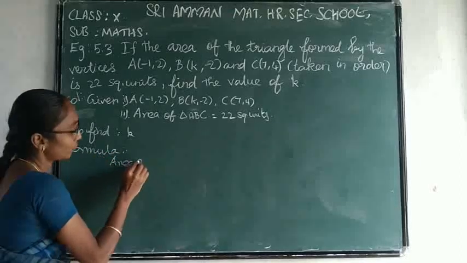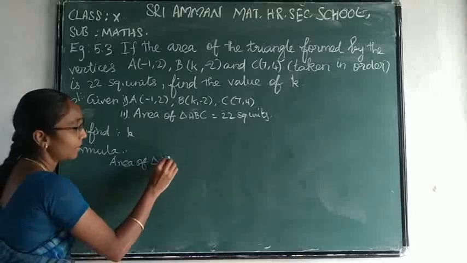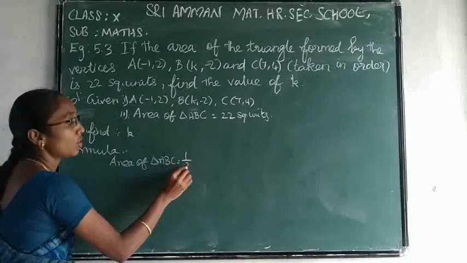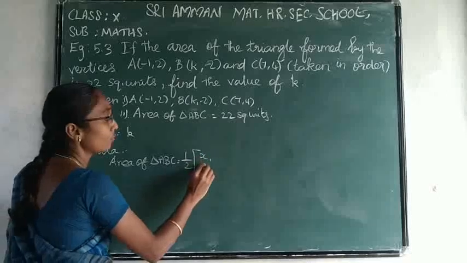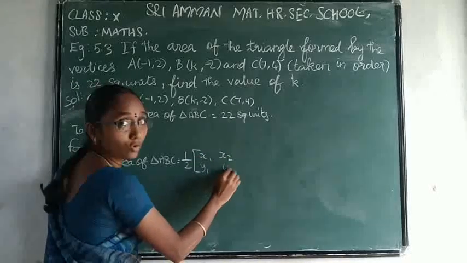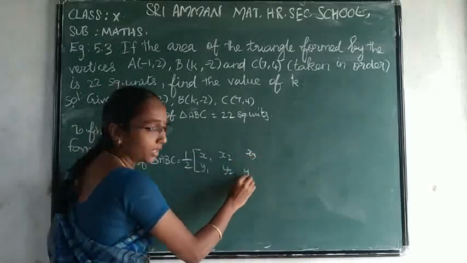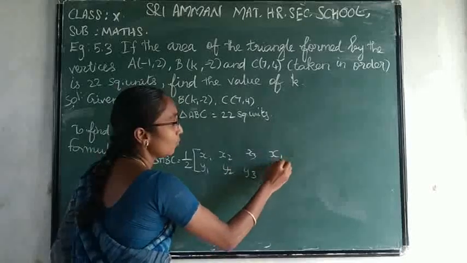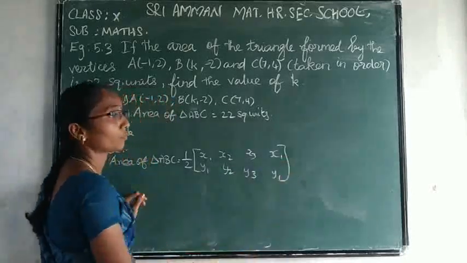Area of triangle ABC equals half into the determinant of x1, y1, x2, y2 and x3, y3, x1, y1 again.